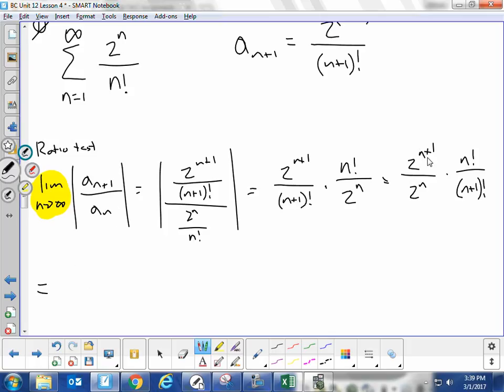I'm going to rewrite 2 to the n plus 1 as 2 to the n times 2, because that gives you the same thing, divided by 2 to the n. And on the right side, I'll have n factorial over, remember how I can rewrite n plus 1 factorial? It's just n plus 1 times n factorial.